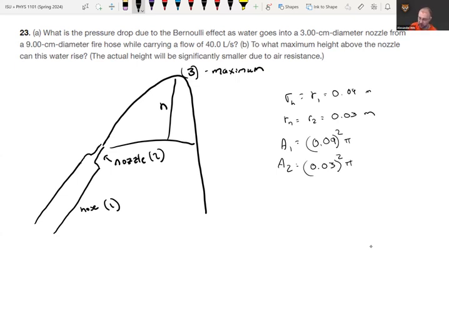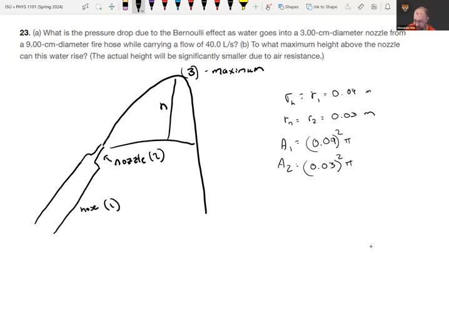Now, sometimes the ratios we'll get to in a minute, but you might be able to see that when you set up a ratio, the pi's will cancel, and it turns out that some other nice things will happen.